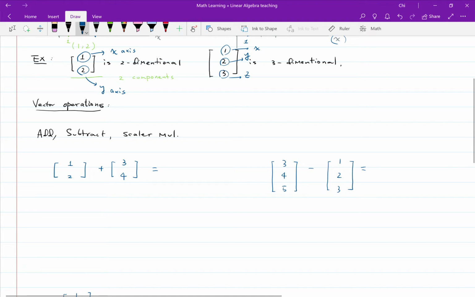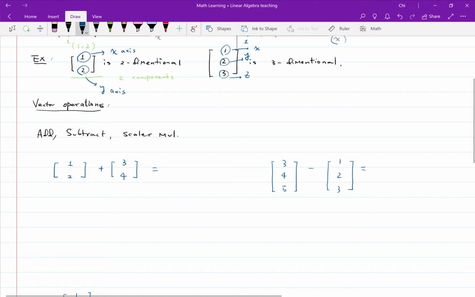So you have two-dimensional vectors, and you want to add them. Intuitively, how would you go about adding those two vectors? Think about it. For me, the most intuitive way is you simply add each component.